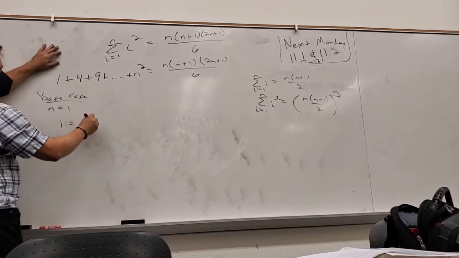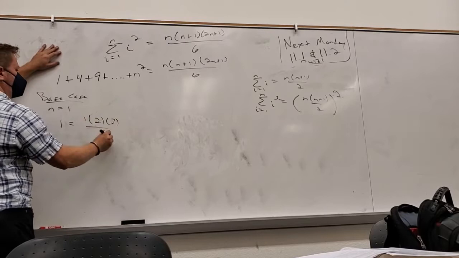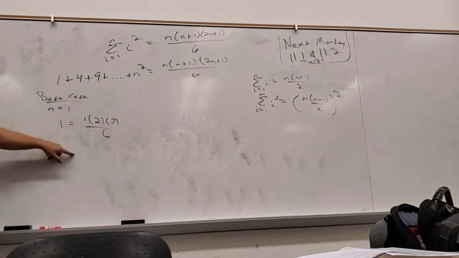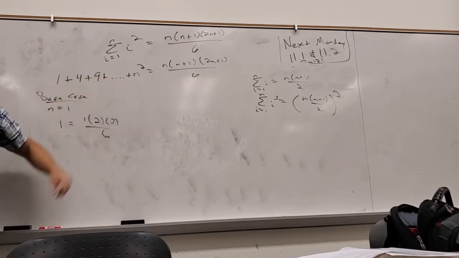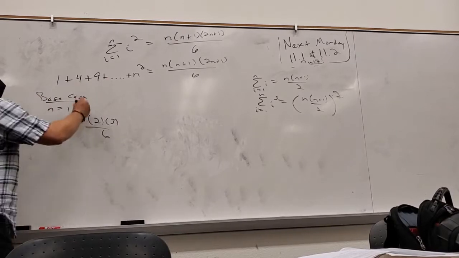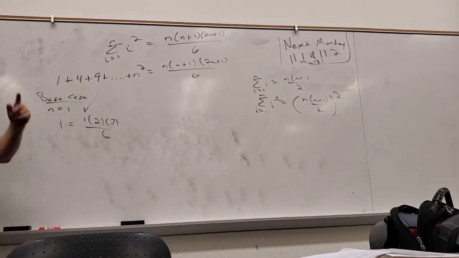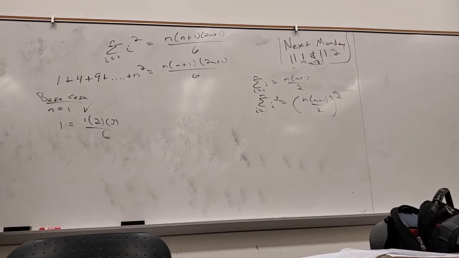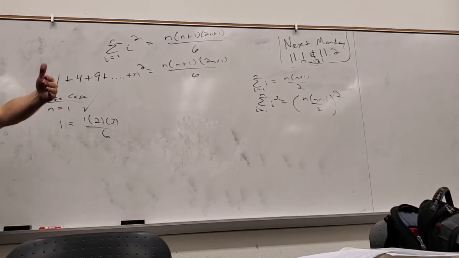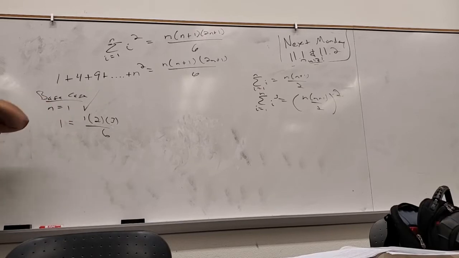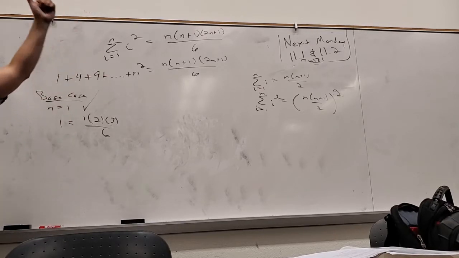Does that equal 1 times 2 times 3 over 6? Yes. Does everybody see where I got that, right? Just plug a 1 in for n. Check, base case works. So if I can show that something being true means the next thing is true, and combine it with this, it's always true.